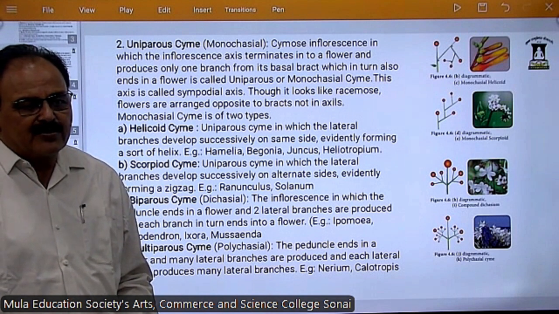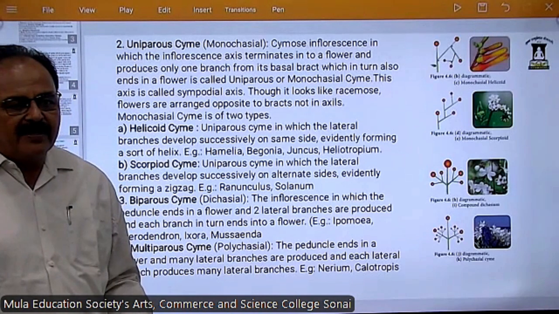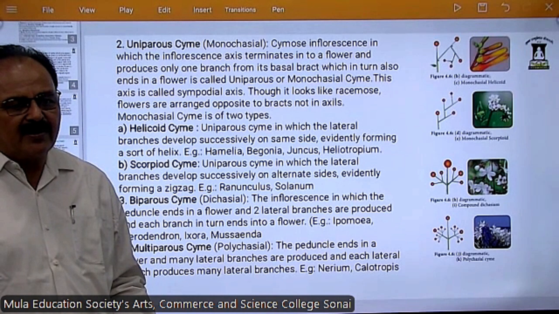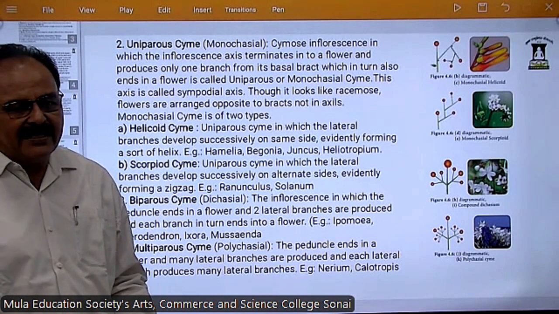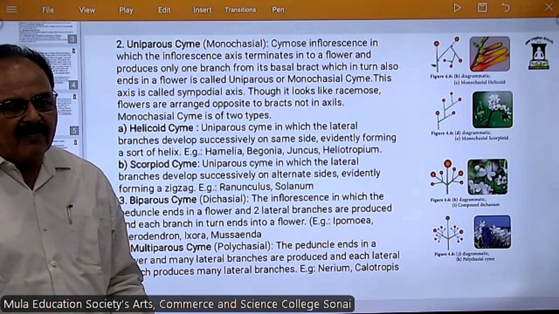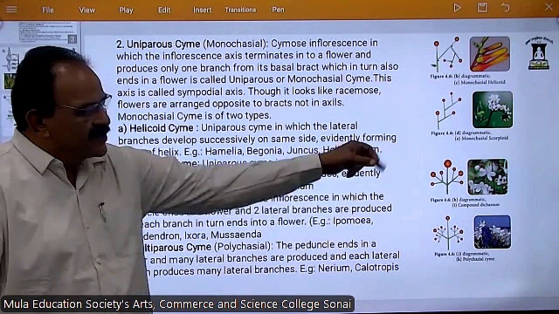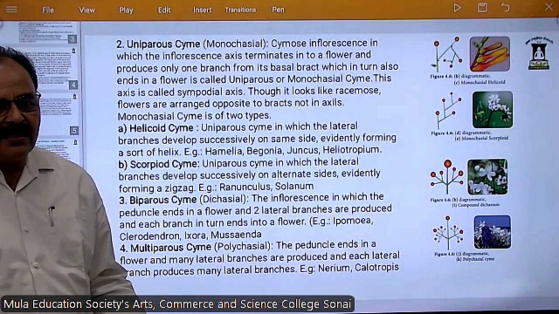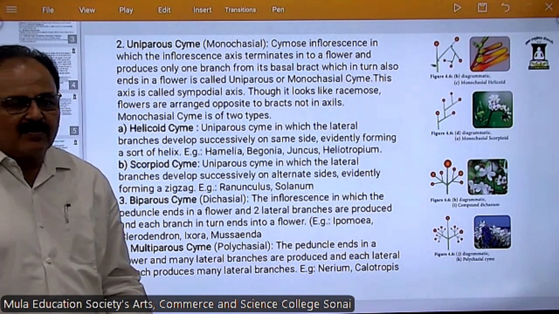And the second type is scorpioid cyme, a uniparous cyme in which the lateral branches develop successively on alternate sides, eventually forming a zigzag-like structure. The example of this is Ranunculus or Solanum.